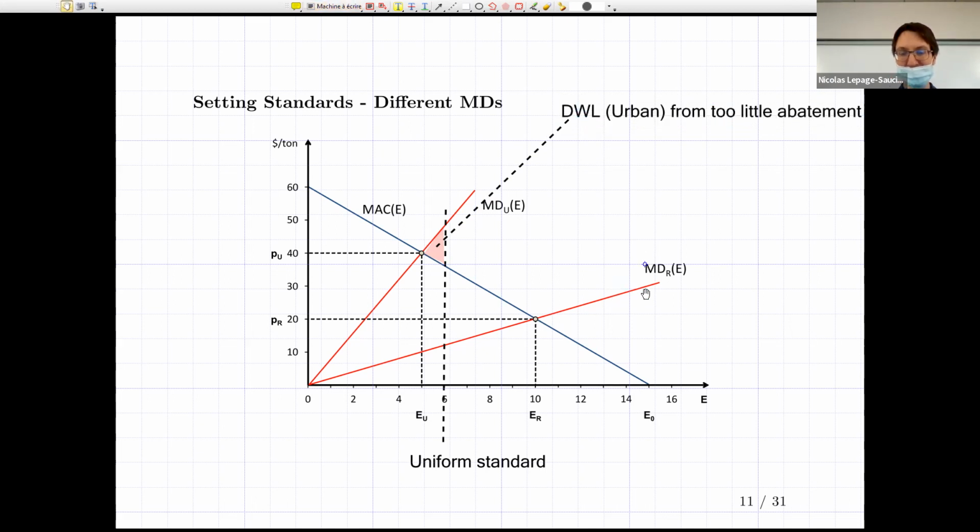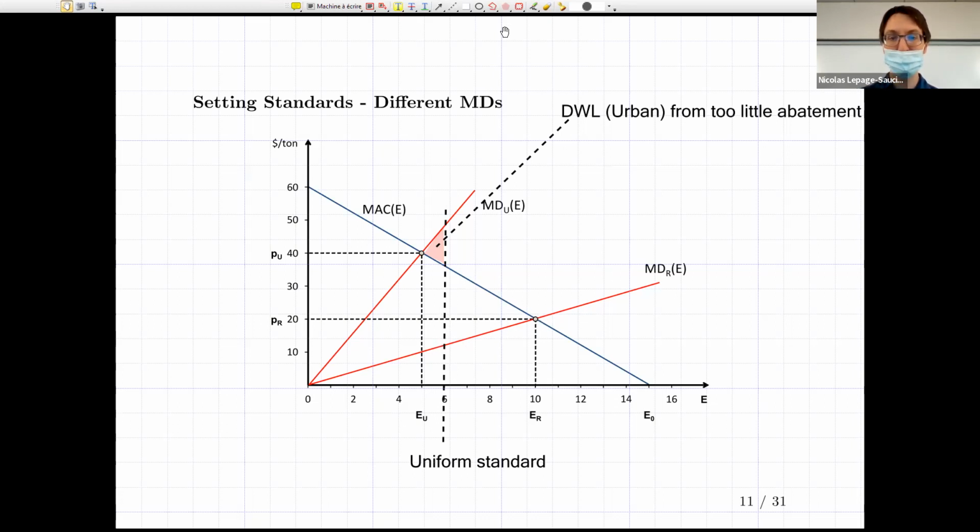And then can we see the deadweight loss in the rural area? Yes. Here the optimal standard in the countryside is ER. What happens if you ask firms to abate more, or cars, say, to limit their movement even more? Then the marginal abatement cost is very high, but the marginal damage is not that high. So what is the deadweight loss?